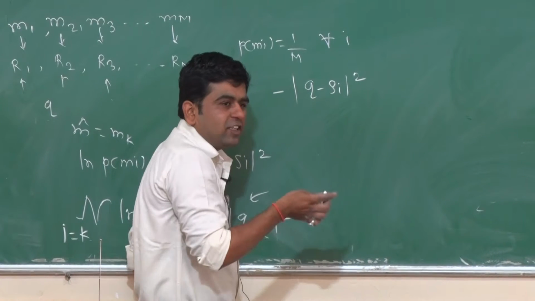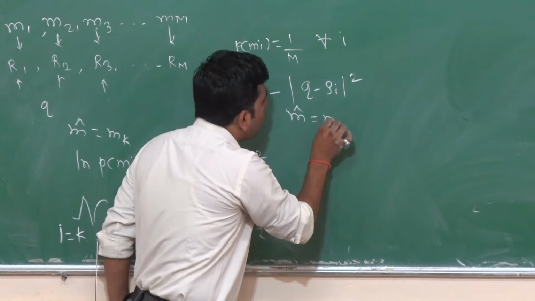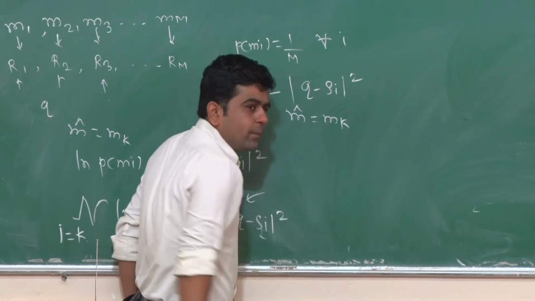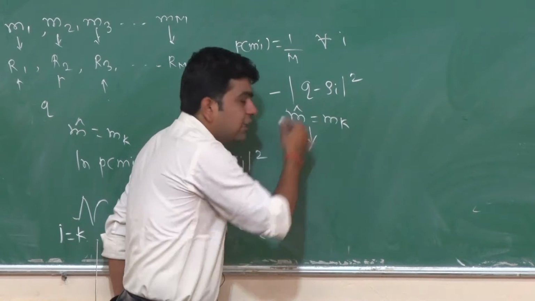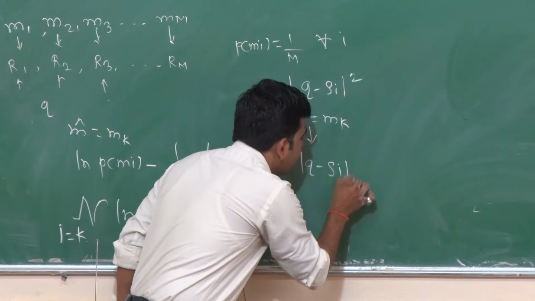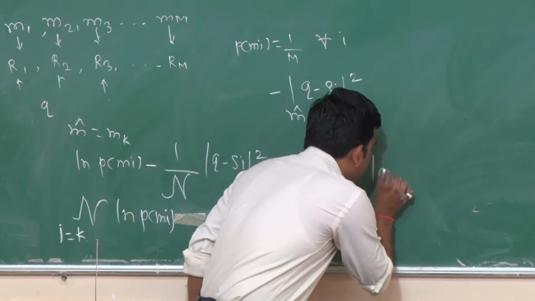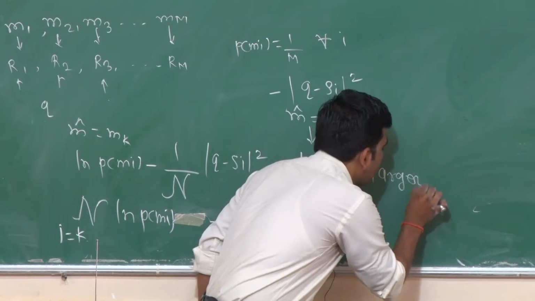For a correct decision, that is M cap is equal to Mk, this value should be larger. Yes or no?